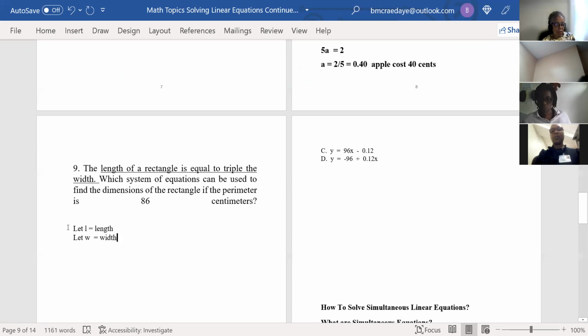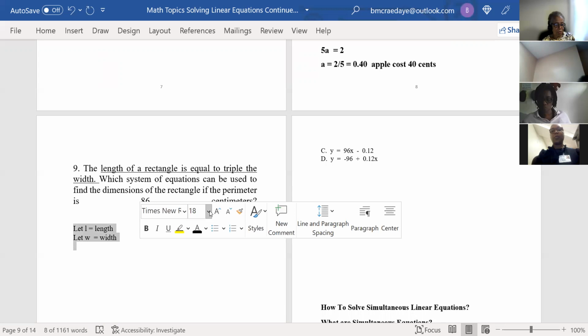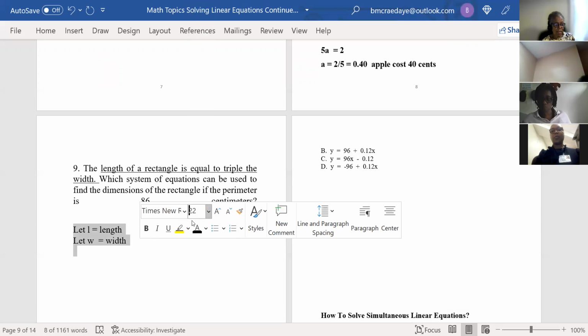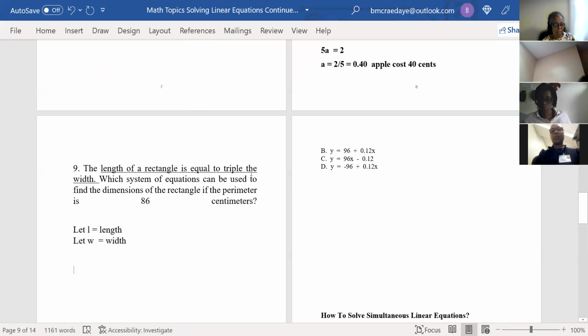I want you to take the expression in the problem and translate it using the L and the W. L is the length, W is the width.